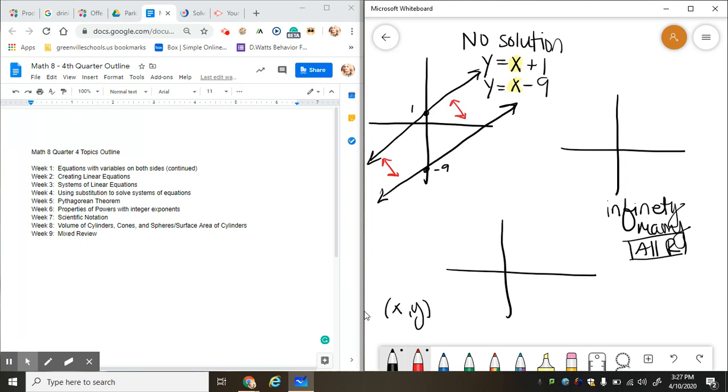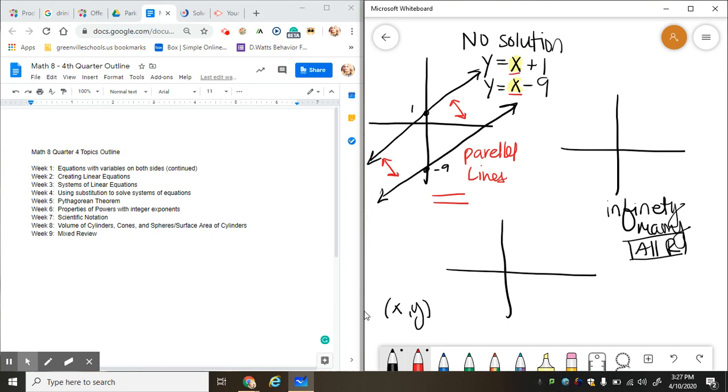So a no solution set has the same slope and they are parallel. I like to call them railroad tracks, or like a road.